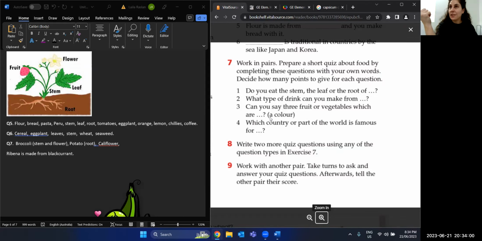Pears, apples, and what's green? Broccoli. Well, 3 fruits or vegetables. But if we want to keep it just fruits, grapes. Grapes, apples, and what else did we say? And pear, yeah.